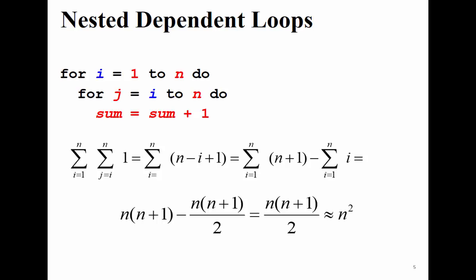We can end up with the summation n times (n plus 1) minus n(n plus 1)/2, which is n(n plus 1)/2, approximately n squared. So the time complexity for these two nested for loops is n squared. This is a detailed analysis for these two for loops.